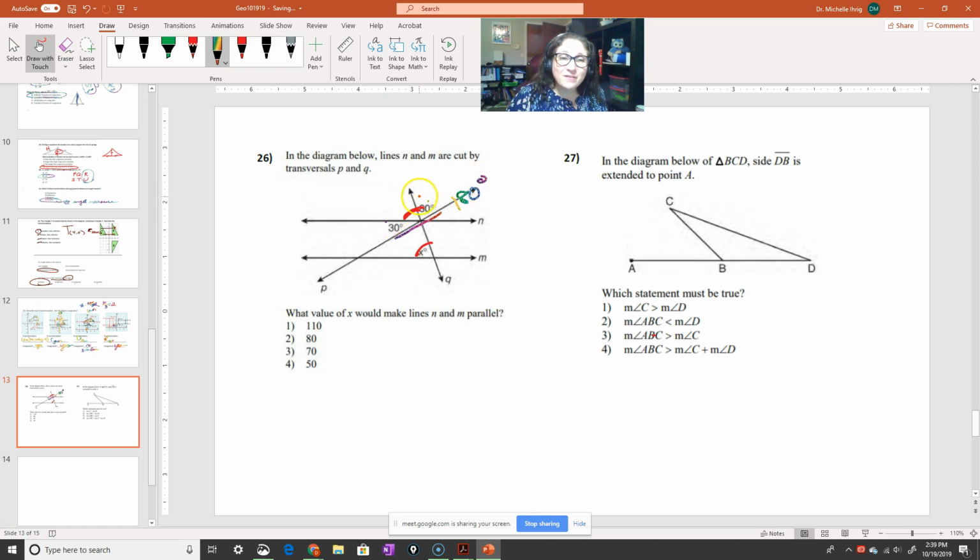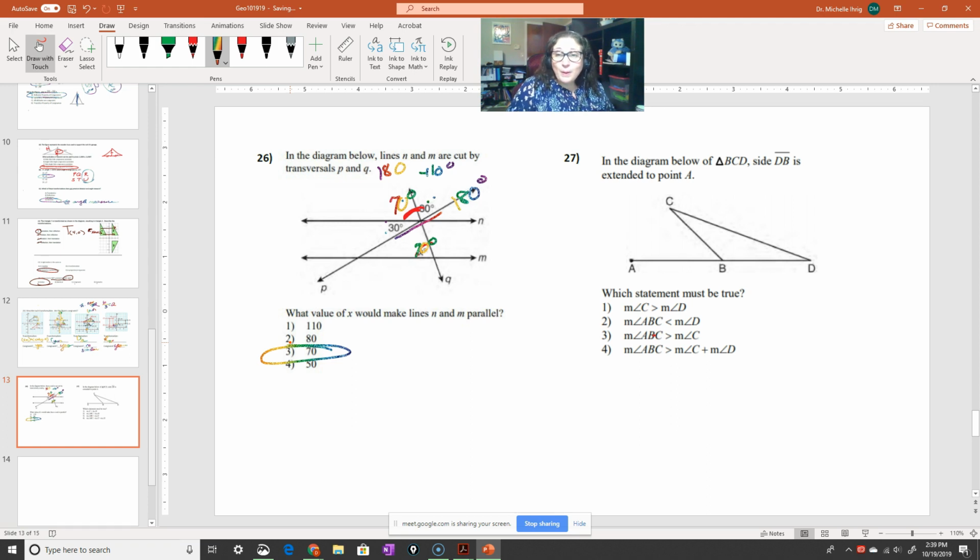So all we need to do is 180 minus 80 plus 30, which is 110, and that's how we get 70 degrees. If that's 70 degrees, then this can be 70 degrees because corresponding angles are congruent. Because they're corresponding angles and they're both 70 degrees, we can say the lines are parallel.